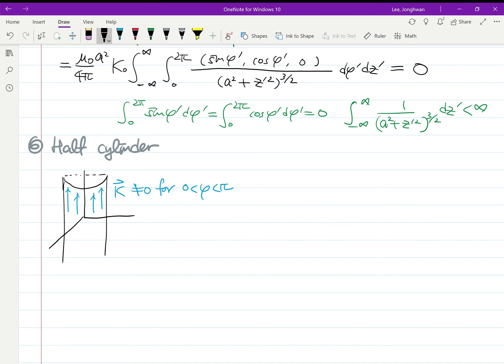Then the B field at the origin will be similar, but only different in the integral range. Not from 0 to 2 pi, but from 0 to pi. And the inside integral is the same.